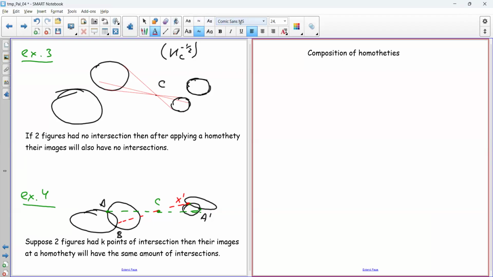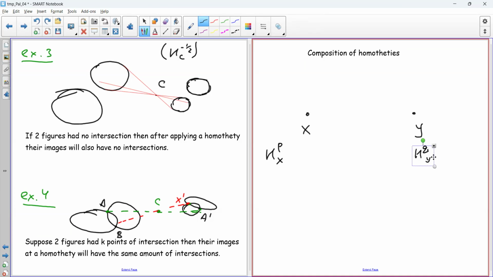So if we consider two homotheties, what will happen then? We take one center, no, let it be X and Y. We take the homothety with center X and coefficient P. And here the homothety with center Y and coefficient Q.